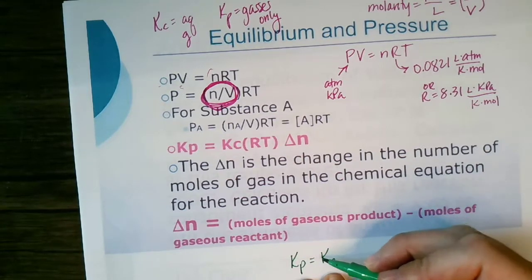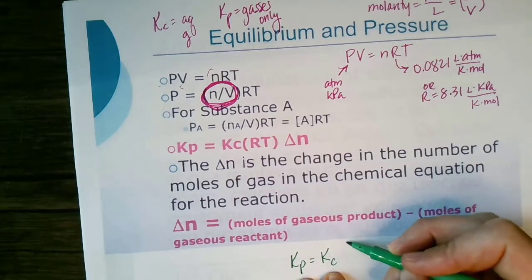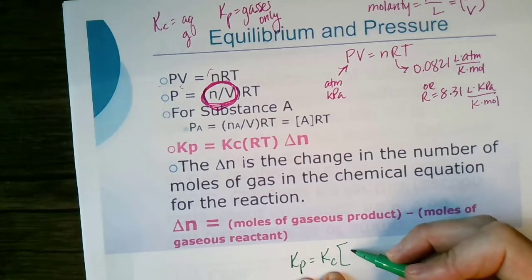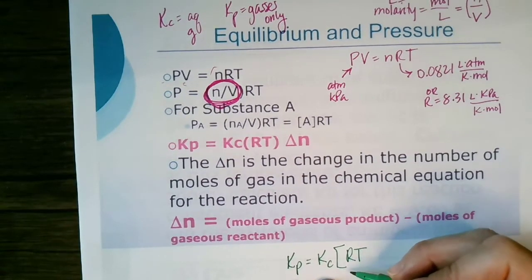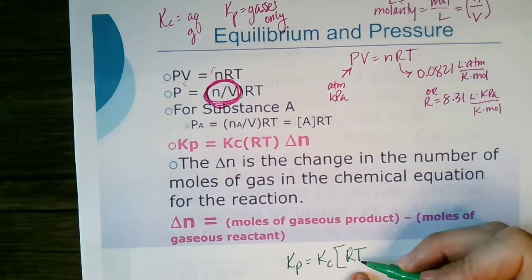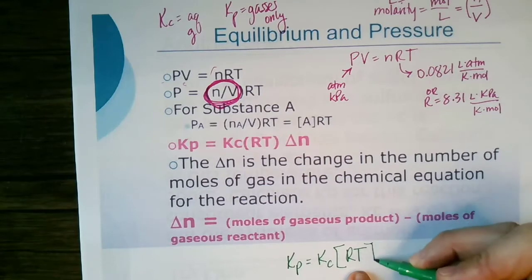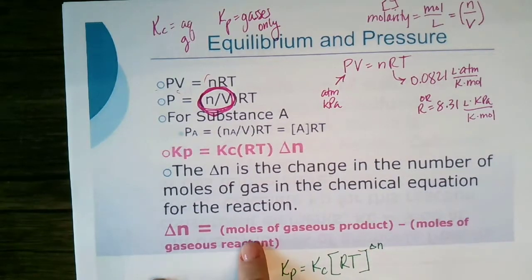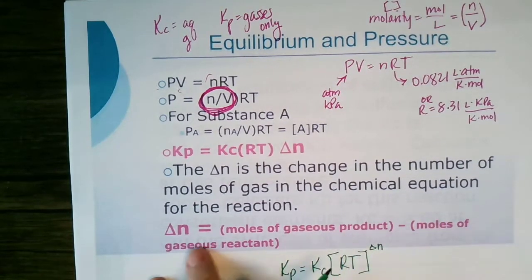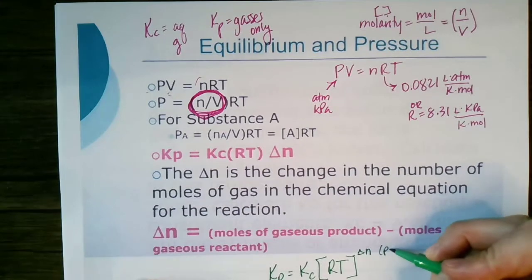So I'm going to take my concentration constant at equilibrium and multiply that by RT. R, again, is my ideal gas law constant you would be given. T is the temperature in Kelvin at which it's happening. And we're going to raise it to the power of the change in the number of moles. The moles of gaseous product minus the moles of gaseous reactant. Product minus reactant.